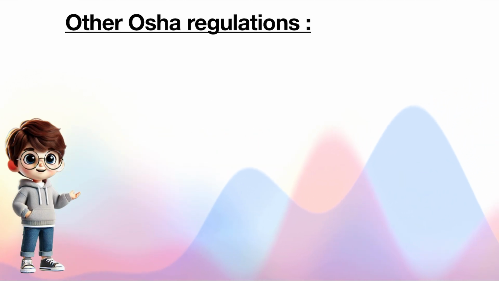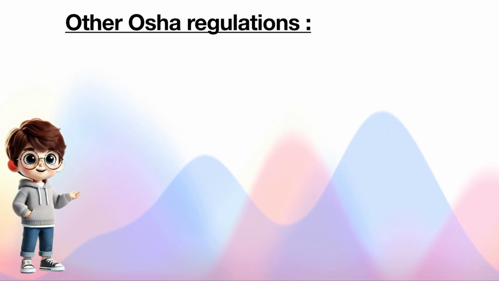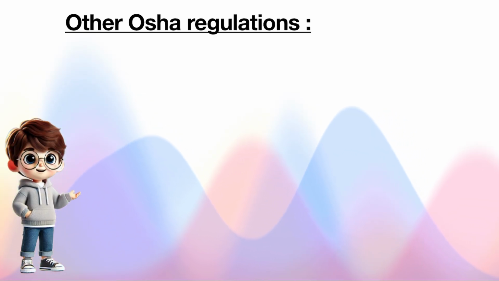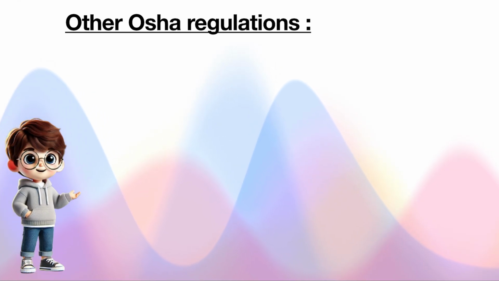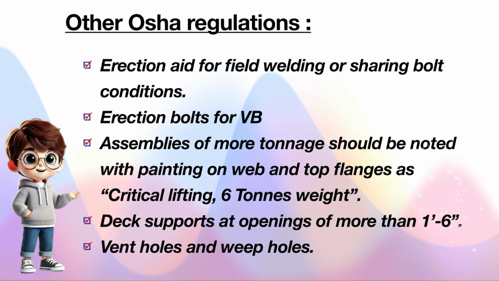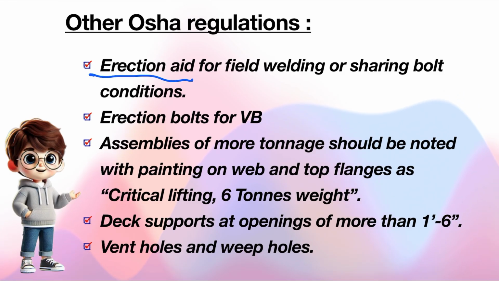So that's all about beams, and there will be a few other OSHA regulations which we use in structural steel, I can say main steel. Wherever you are going to do field welding or common bolt shearing conditions, we need to use erection aids.